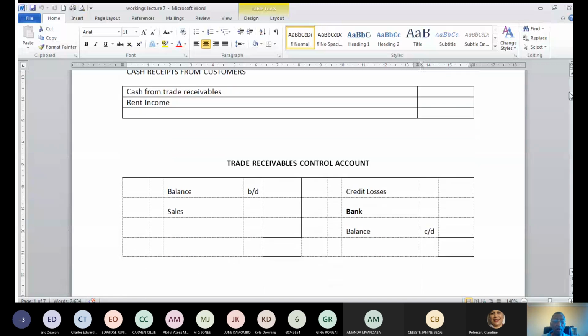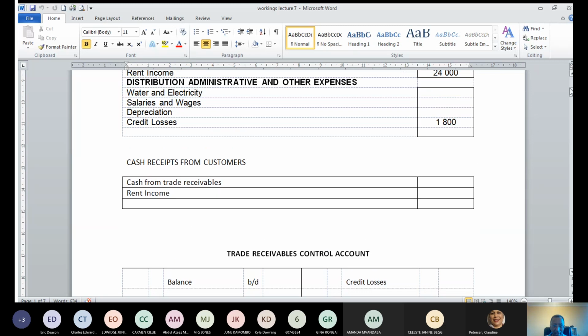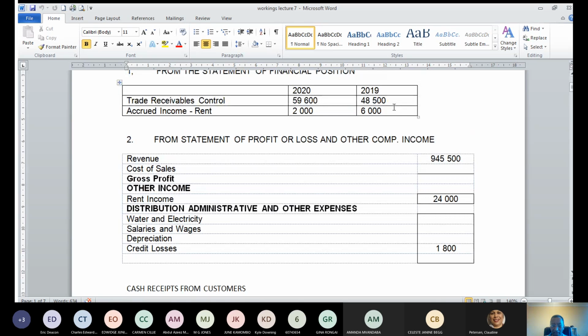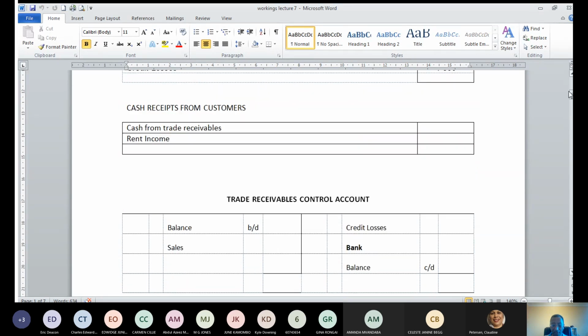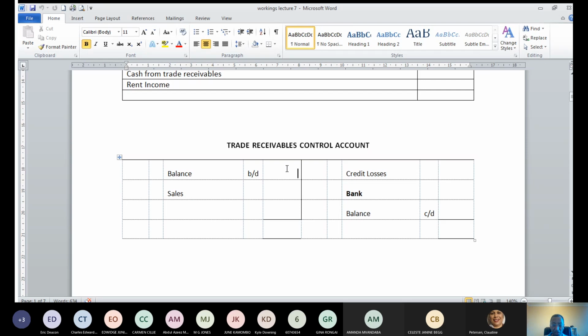If you want to calculate the cash that you have received from your customers, you will construct a trade receivables control account. Your trade receivables control account, the asset account, increases on the debit side. I am now going to do that calculation by saying that the opening balance of my trade receivables control, coming from the information in my statement of financial position, was 48,500 rand.